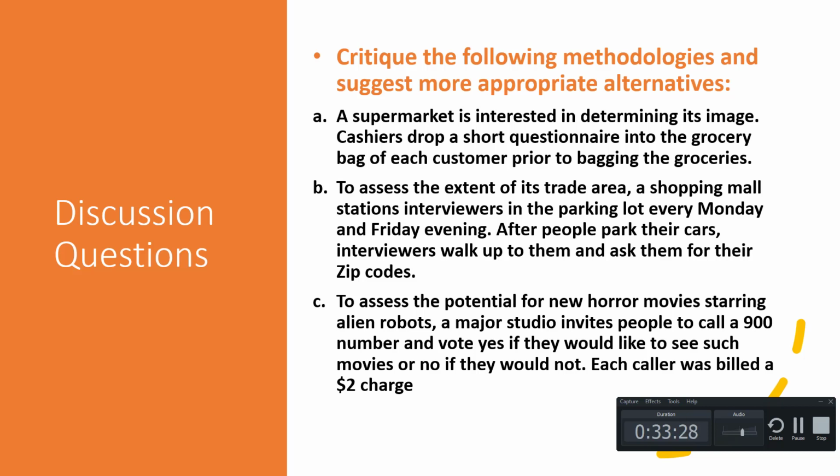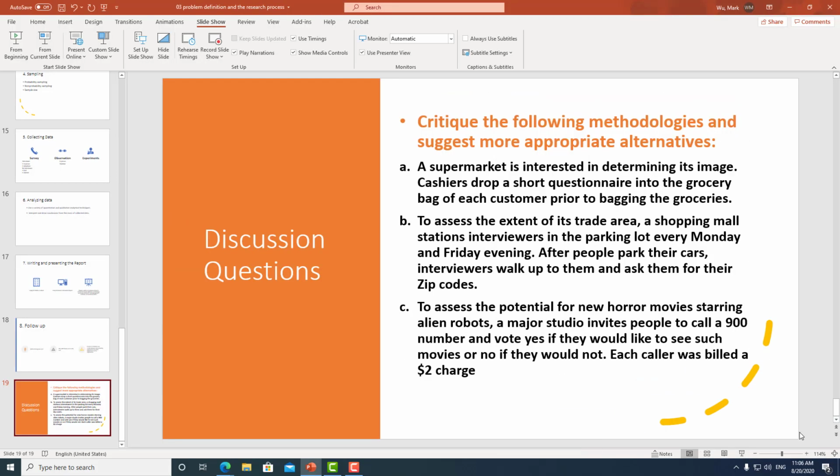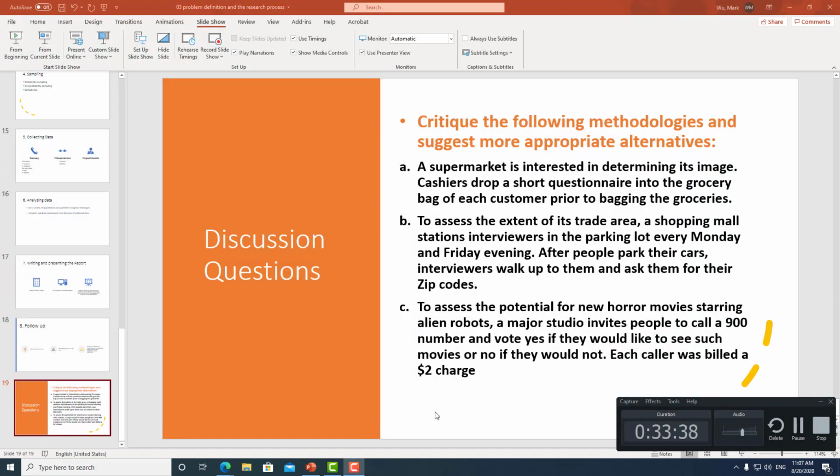I hope you can answer those questions yourselves. Typically, in a real-time setting, we would get responses from a couple of students, but these are pretty straightforward questions. I'm sure you can get a pretty good answer out of it.